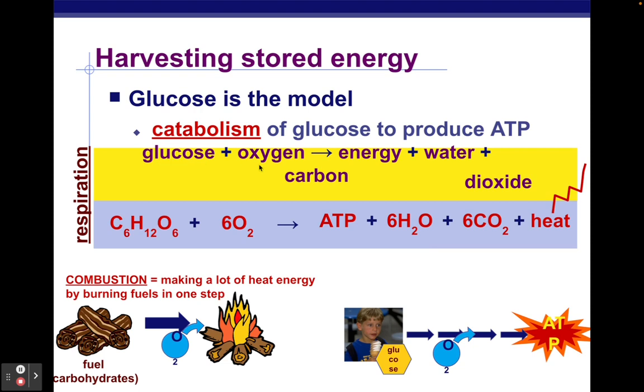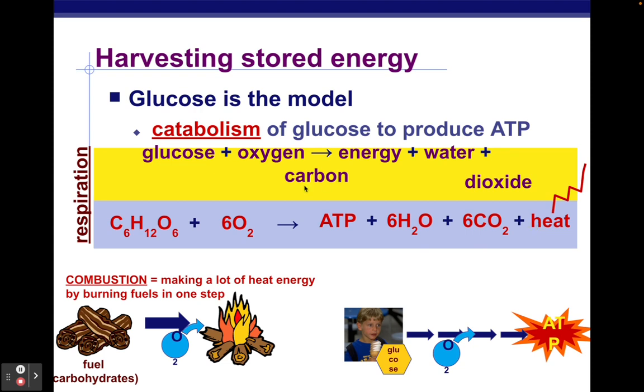So glucose plus oxygen. Here we are, C6H12O6, that's glucose, plus oxygen, so 6 O2 because we're balancing this equation, yields energy, which is ATP, water, and carbon dioxide. So ATP, our energy, 6 water, and 6 carbon dioxide, plus heat. Heat is always released as a byproduct.